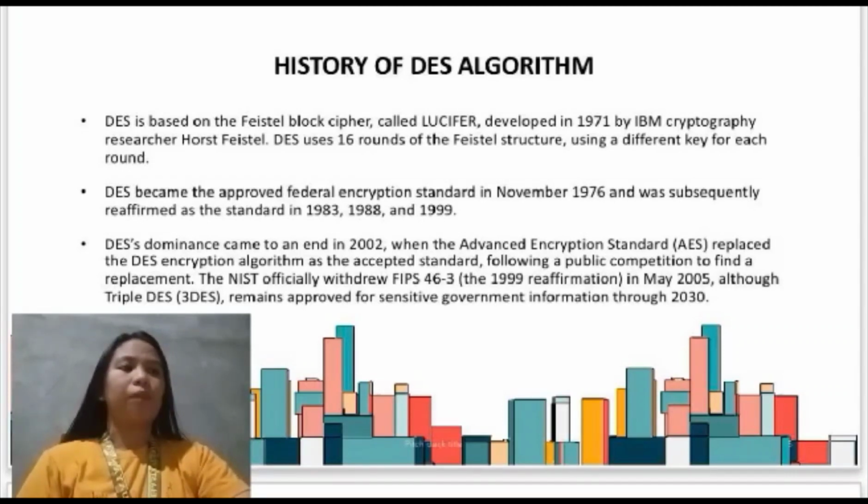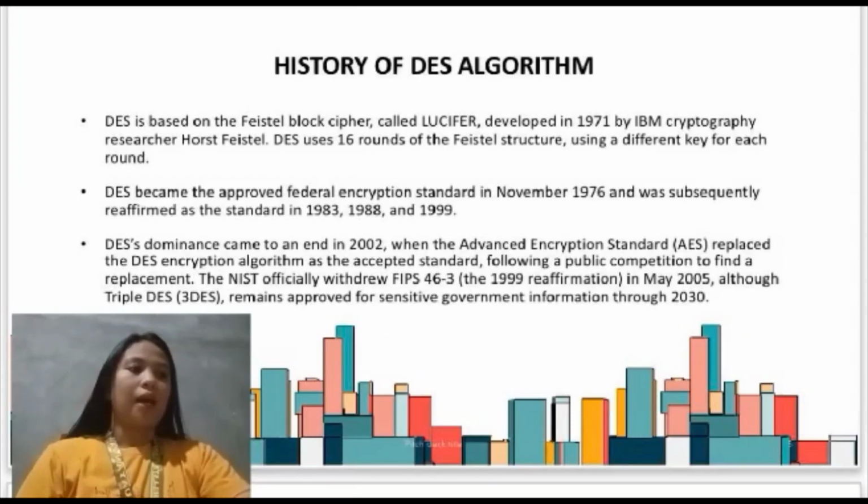DES became the approved federal encryption standard in November 1976 and was subsequently reaffirmed as the standard in 1983, 1988, and 1999. DES dominance came to an end in 2002 when the Advanced Encryption Standard replaced the DES encryption algorithm as the accepted standard following a public competition to find a replacement.